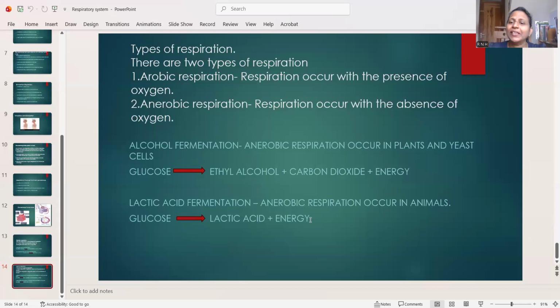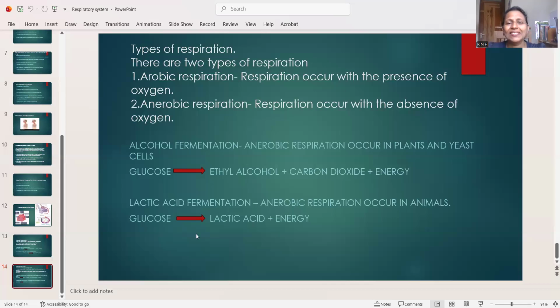The anaerobic respiration that occurs in animals is known as lactic acid fermentation because as a result of that respiration, lactic acid is formed. So you can see the equation here. The glucose molecule is directly broken down into lactic acid and energy.